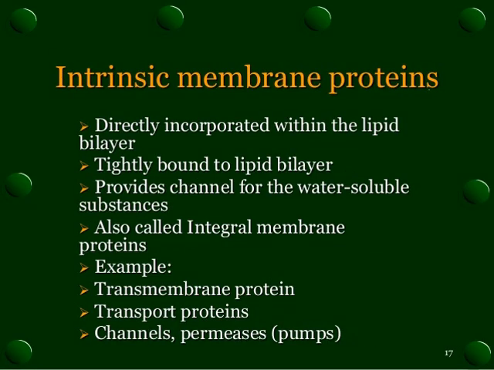Intrinsic membrane proteins. What are intrinsic membrane proteins? They are directly incorporated within the lipid bilayer. They are tightly bound to the lipid bilayer. They provide channels for water-soluble substances, and are also called integral membrane proteins. For example, transmembrane proteins, transport proteins, channels, permeases, that means pumps.